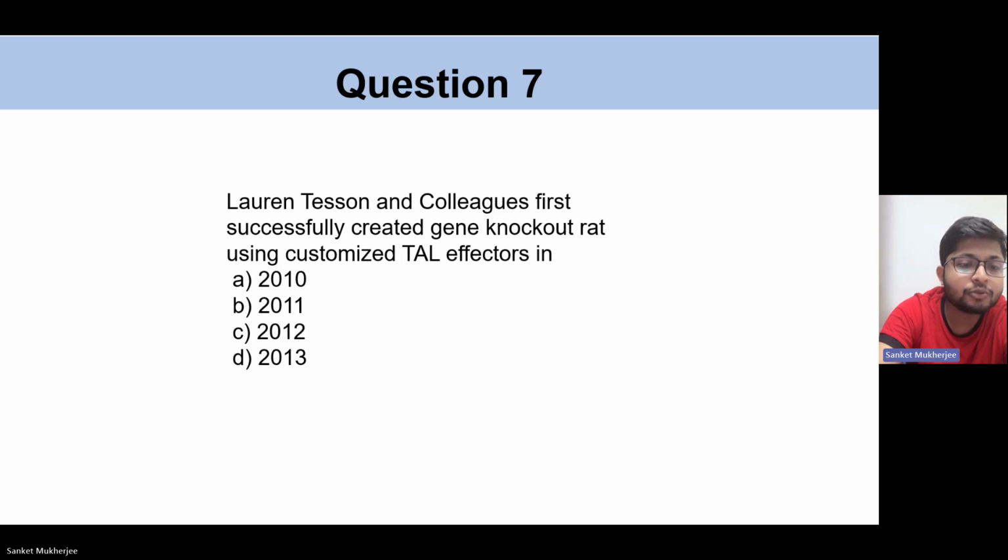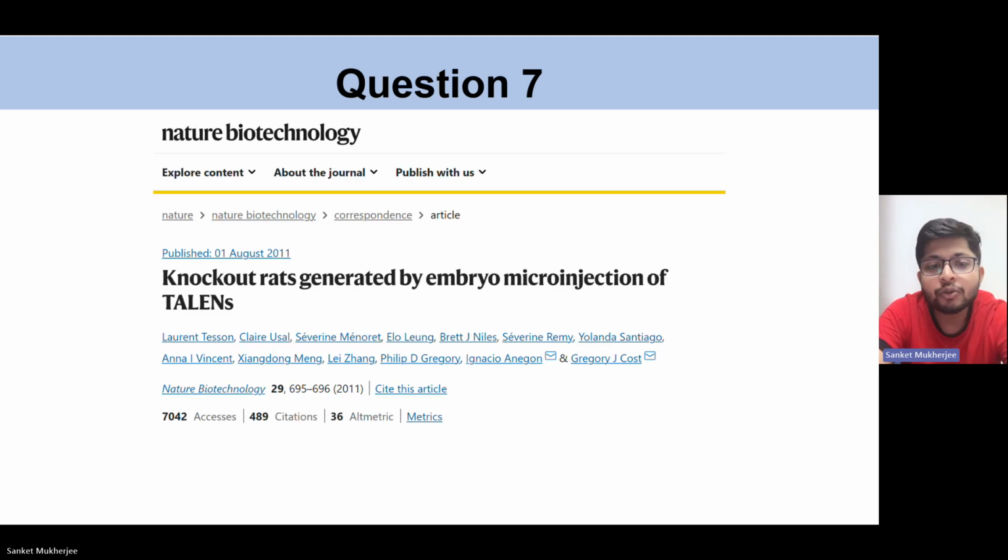So the answer to this would be 2011. Knockout rats were generated by embryo microinjection of TALENs. This paper came out in 2011 by the group of Lauren Tesson and colleagues.